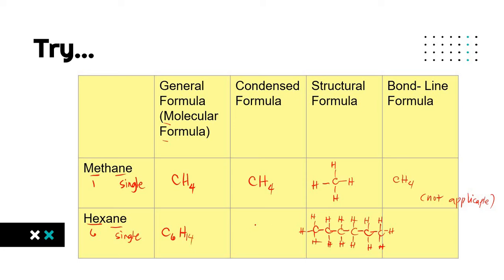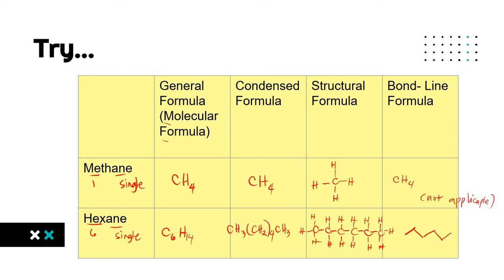Okay, and the condensed formula for that, you have CH3, and then CH2, CH2, CH2, CH2. So there are 4, and another CH3. But if you write the longer version, it's okay too. Bond line formula now, we must make 6.